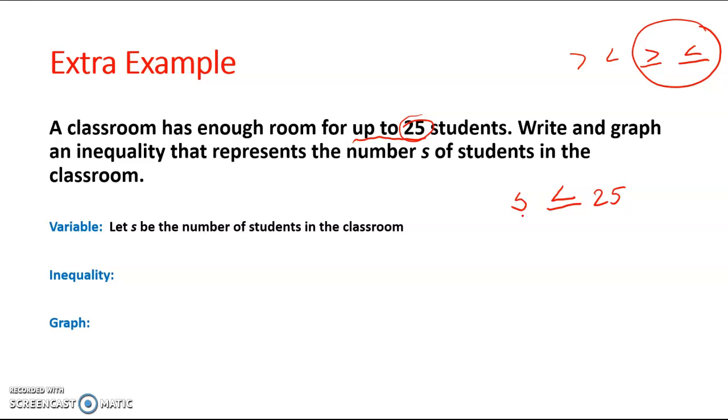Say you have a student that comes in later in the year, or students that leave. So that S, the number of students, is going to be constantly changing. Like, for example, this year we had a student move, and so our S changed, but it still matched this inequality.